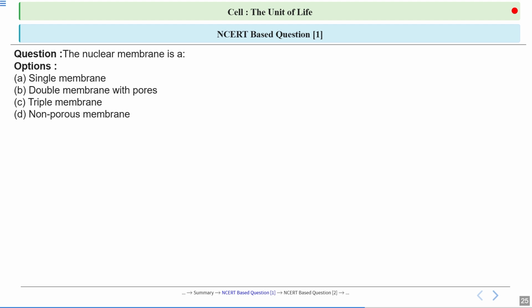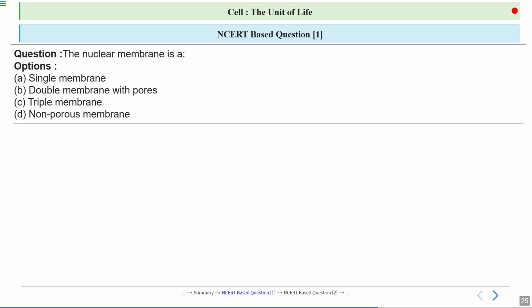It is a single membrane, it is a double membrane with nuclear pores, it is a triple membrane, or fourth, it is a non-porous membrane. What will be the correct answer?